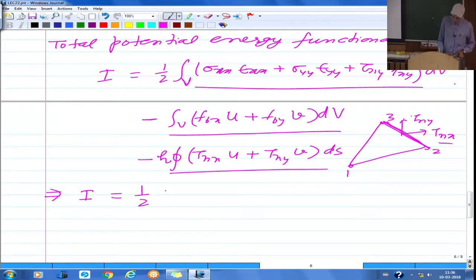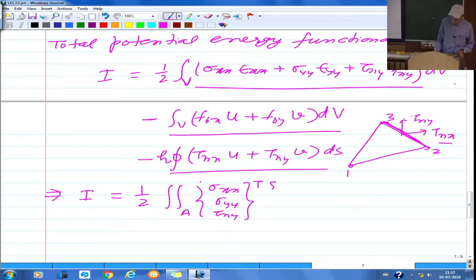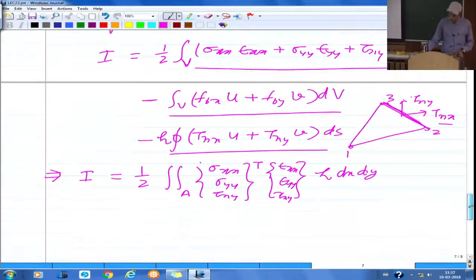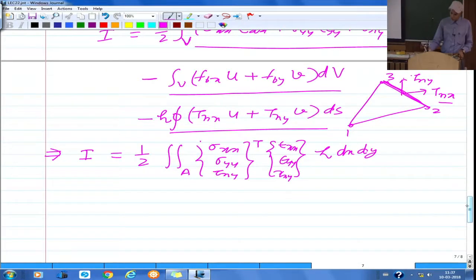Then this integral would be written as integration over the area of the triangle, and this I can write as sigma xx, sigma yy, tau xy transpose into epsilon xx, epsilon yy, and gamma xy, and this is h into dx dy. I am writing dv as h into dx dy. h is the thickness perpendicular to xy.